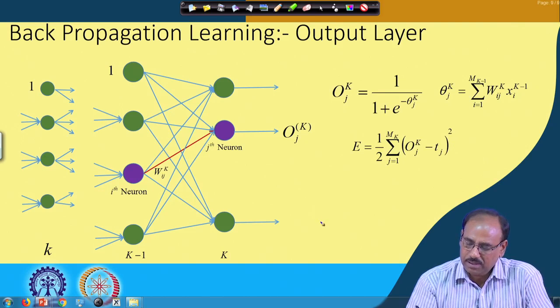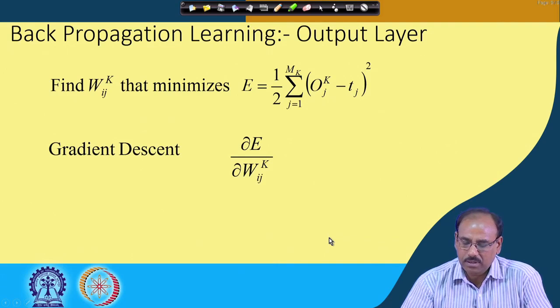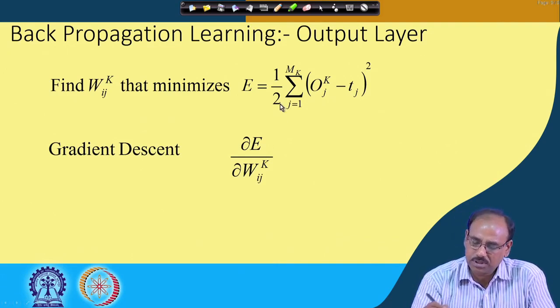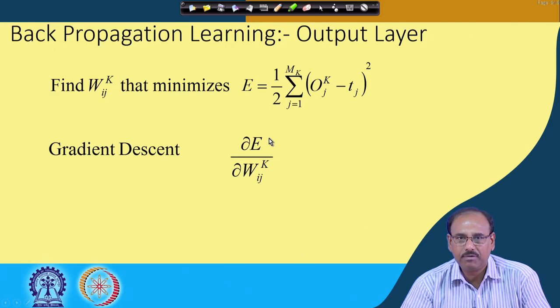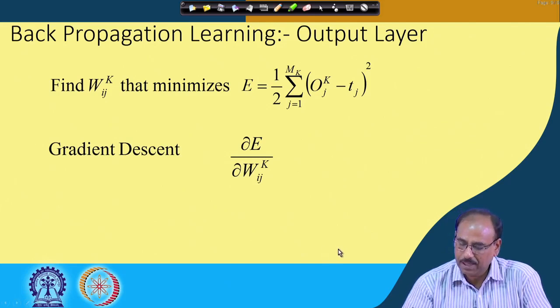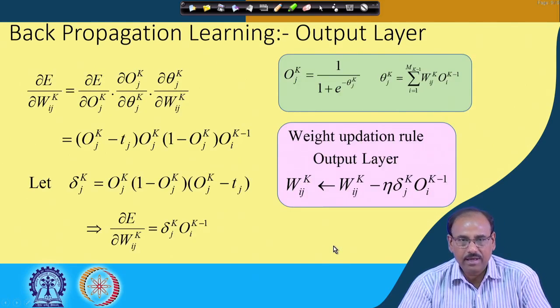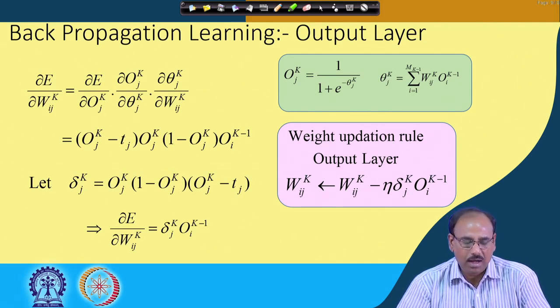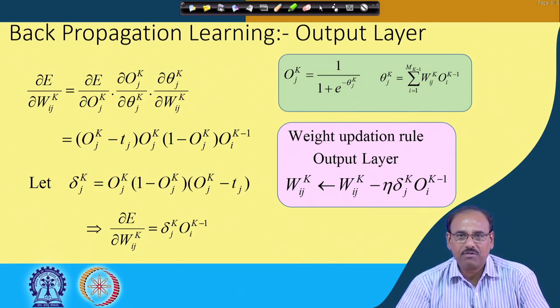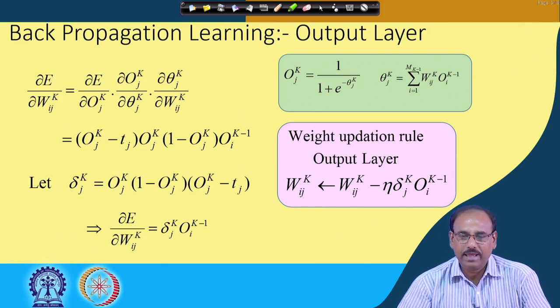So, as you take the derivative of the squared error with Wij, I need to take the derivative del E del Wij, and if I compute this, again following the chain rule, I get del E del Wij is equal to del E del Ojk. The reason we are using this chain rule is that E is given as a function of Oj, that is the output. Wij comes indirectly.